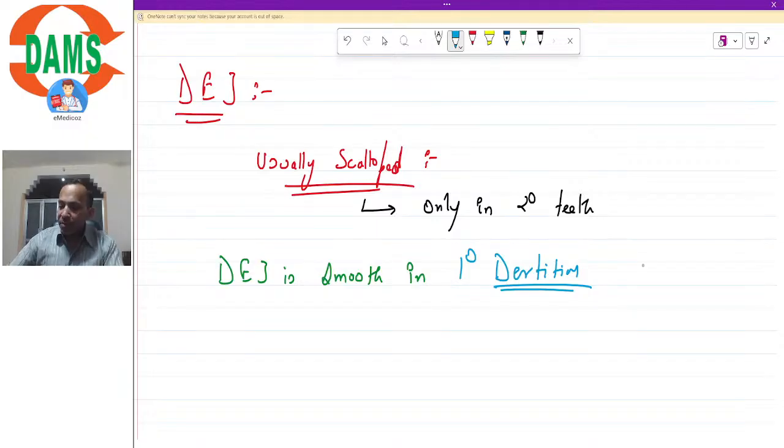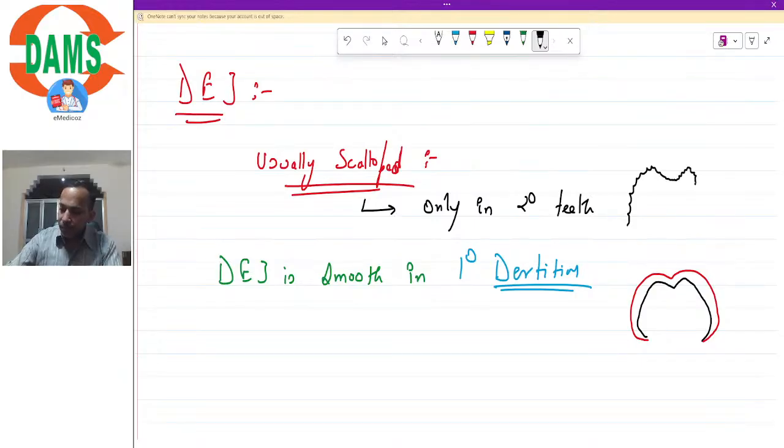So in case of primary dentition, the DEJ is smooth, but in case of permanent dentition, the DEJ is scalloped, right?